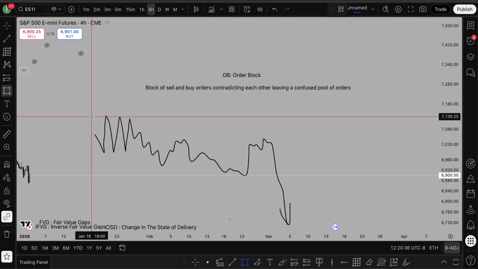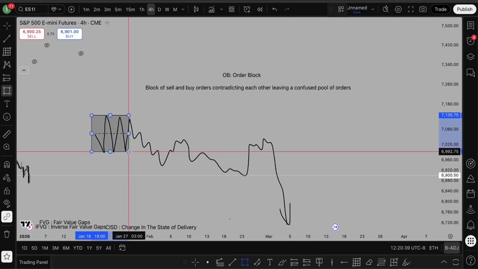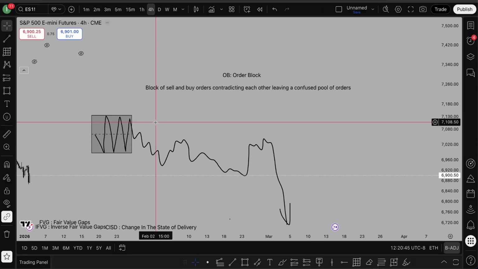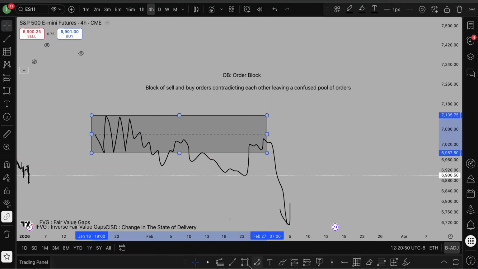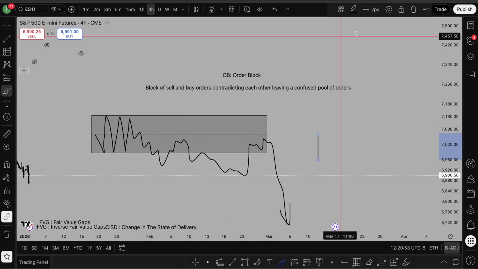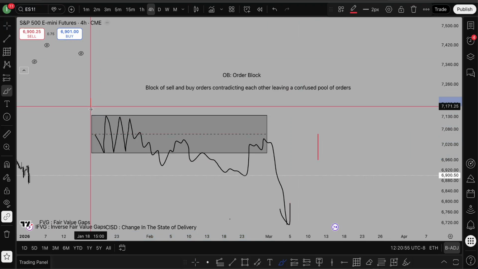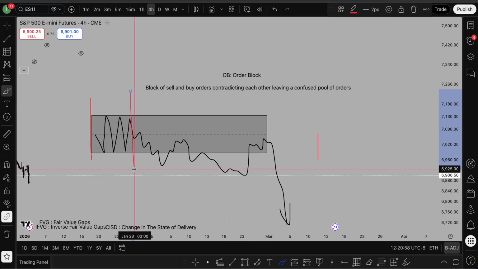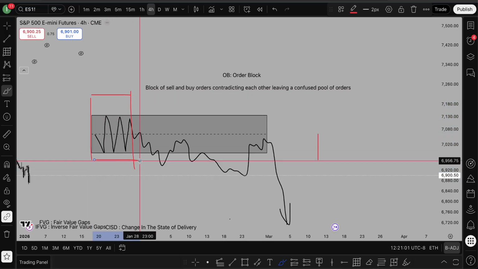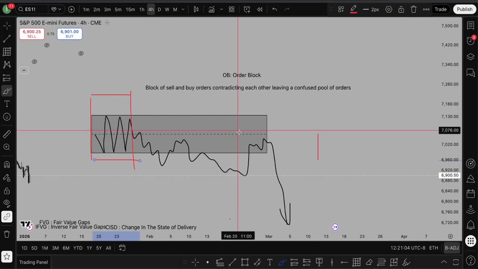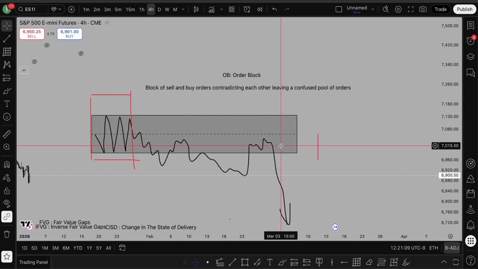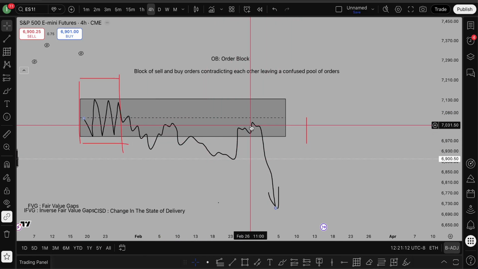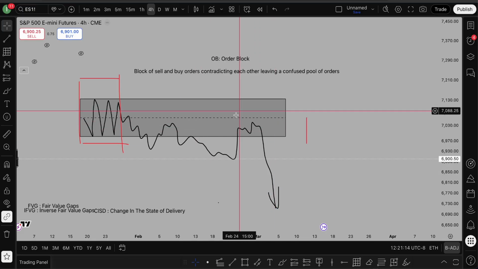So an order block gets marked out by basically just the range that accumulated all these random orders, okay? And the way people use them is if I were to extend my tool, right? Realistically, those order blocks happened in this area, but when I mark it out with my tool, it's going to extend all the way over so that I can see to the far right, where my area of interest is. And when we tap back into it, we can head lower or vice versa, another way around.